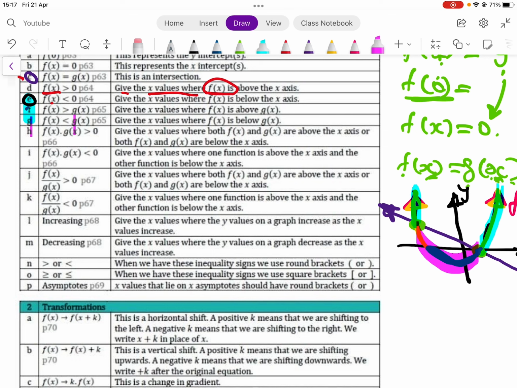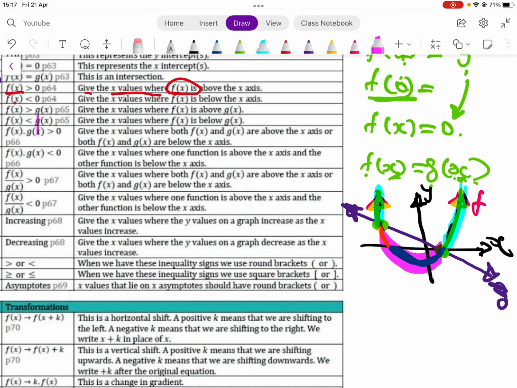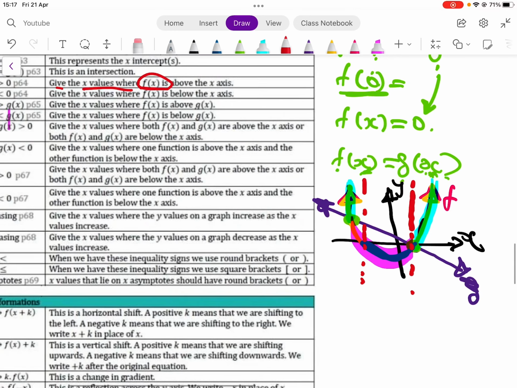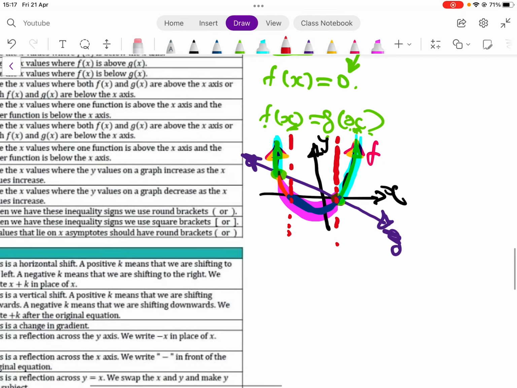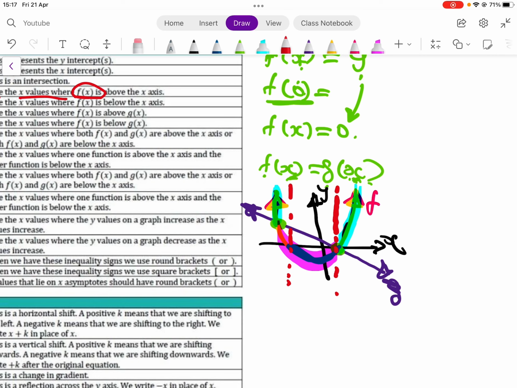So both of them have to be either above the x-axis or below the x-axis. Where do we have those situations? We can think of until here and until here. I just drew two vertical lines which were supposed to be straight. I know they don't look straight, but just bear with me for me to explain my point.